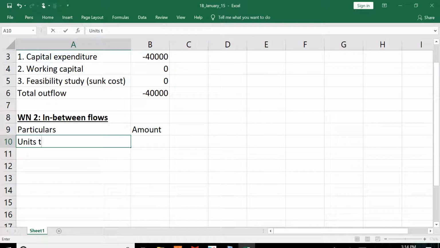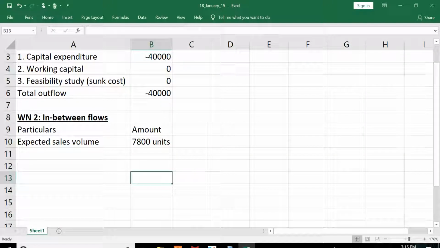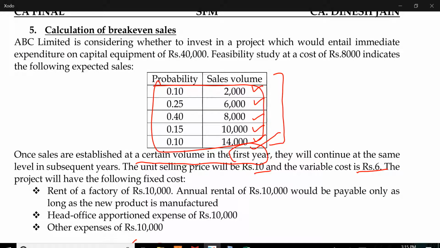Expected sales volume is 7,800 units. I am expected to sell 7,800 units, taking a weighted average. This concept we have done at multiple places, in a portfolio and at other places also, so we take a weighted average of it.